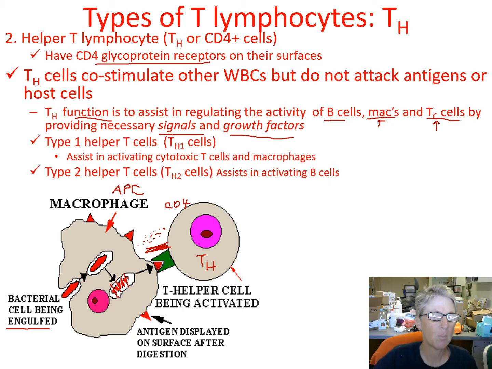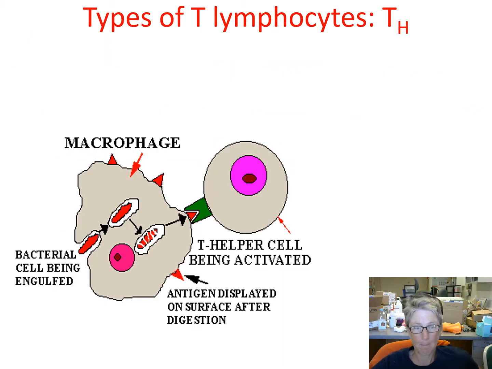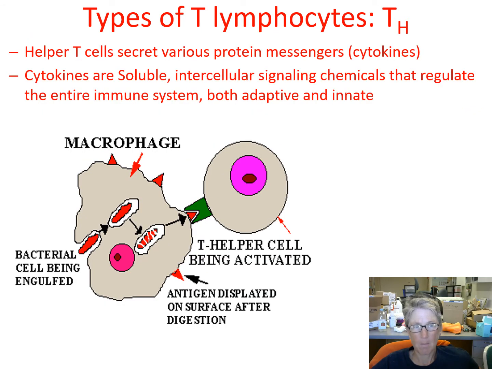And then type 2 helper T cells assist in fully activating B cells. And when I say this word activating here, the helper T cells activate T cells, macrophages, and B cells. That means they provide these signals and growth factors to the cytotoxic Ts and macrophages to fully activate them.